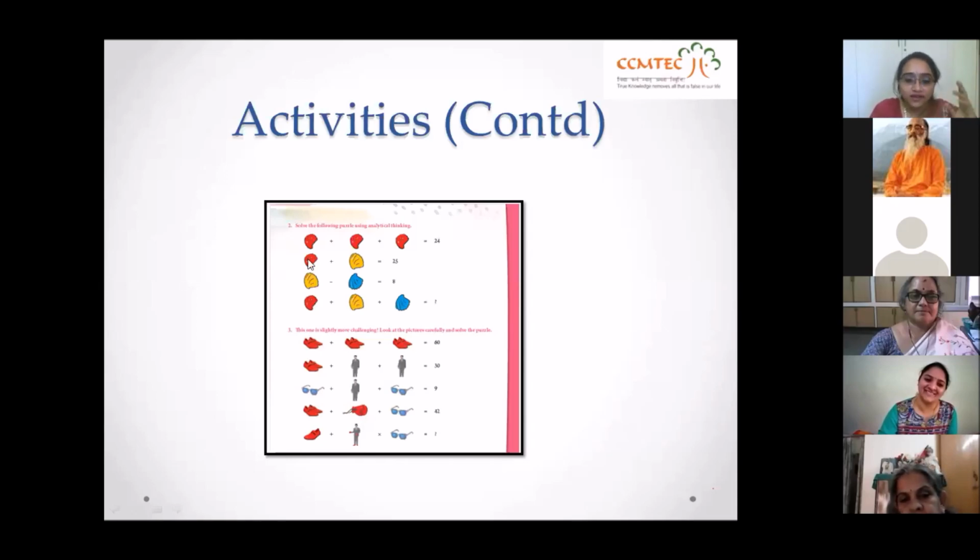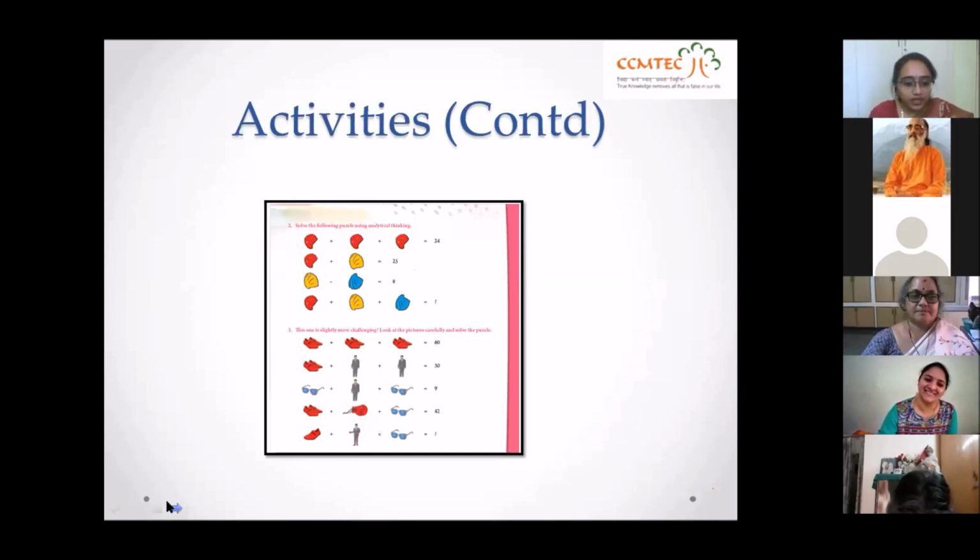So here we have identified red to be 8, and then we have something which equals 25. So 25 minus 8 would give us what is yellow. And with that we have the yellow, which equals 8. Accordingly, we add it here because there's a subtraction sign, and we get what is blue. And accordingly, when we do it, we get the answer. A little more challenging would be the next activity, which we can probably do on some other occasion.